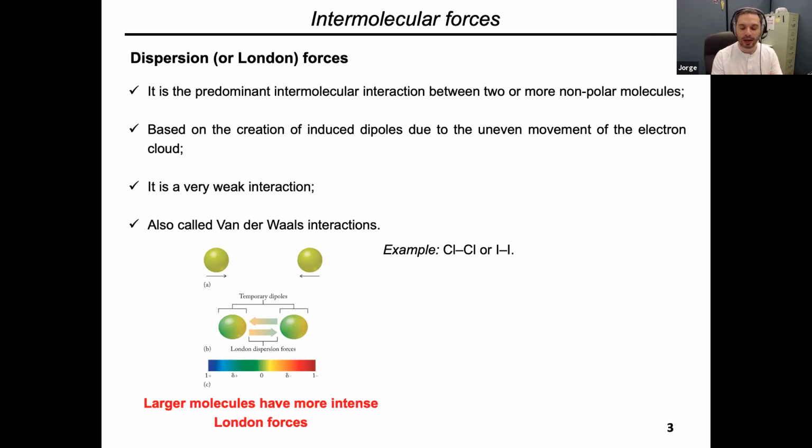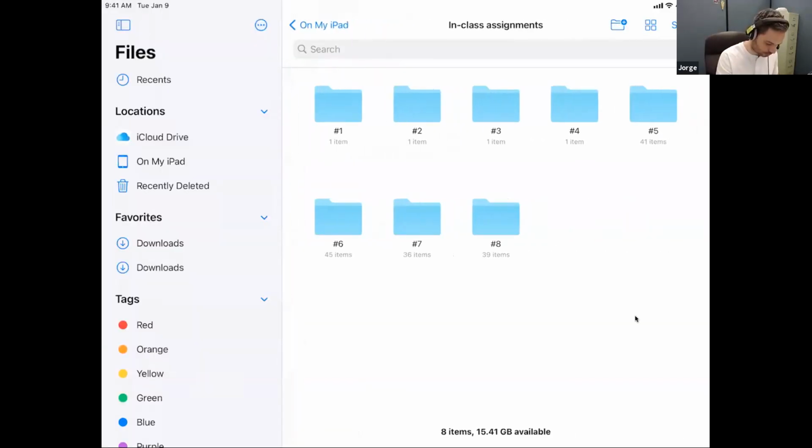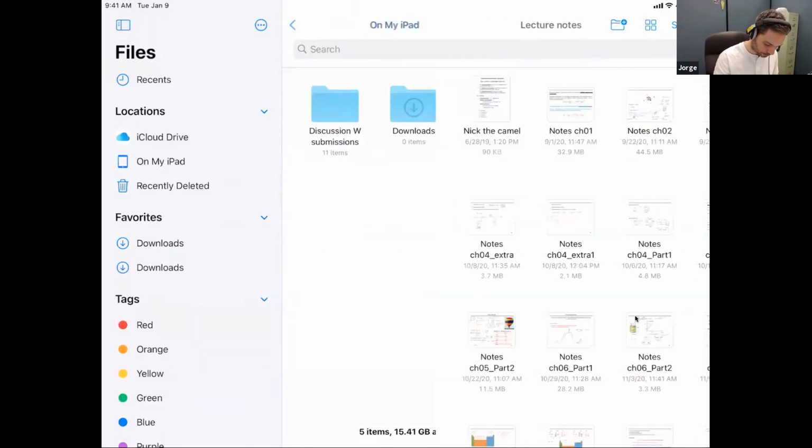Okay. So as an example of dispersion forces, I would like to show you the chlorine molecule and also the iodine molecule. So to do that, I will change to my other screen here, and then we can do some notes as well. All right.